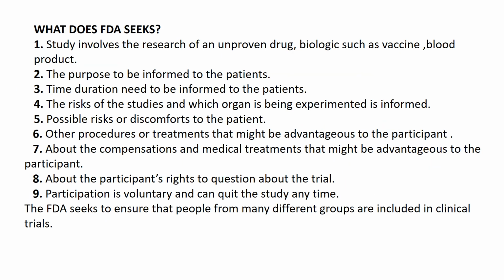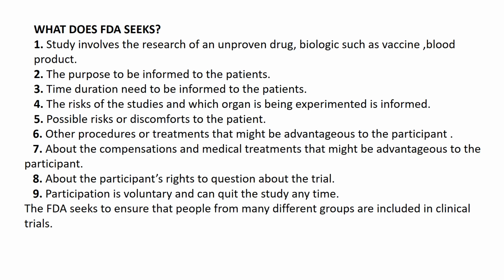What are the guidelines we require? Just consider now we are testing a drug on a human volunteer. We need to follow certain guidelines. Study involves the research of an unproven drug. We don't know about the drug efficacy. It may be a vaccine or any product. The purpose of trial should be informed to the patient or human volunteer, and time duration should be discussed with the human volunteer.